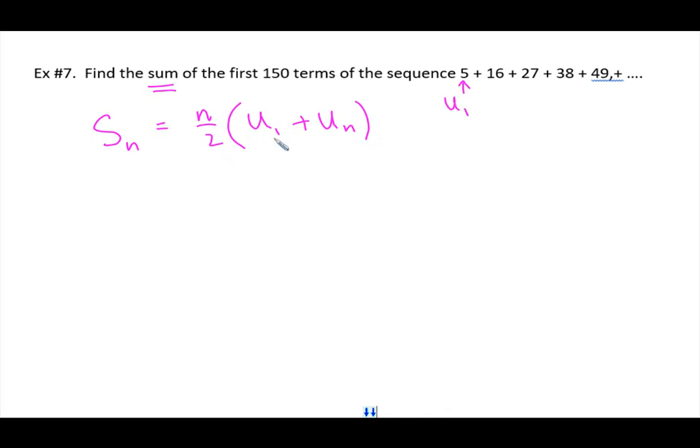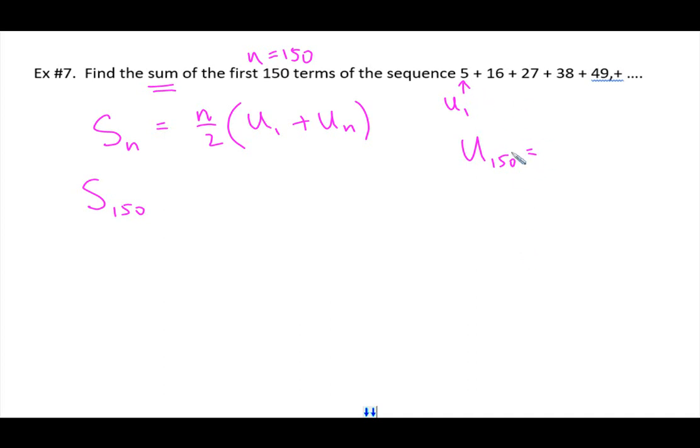We know n is going to be 150 because we're finding the sum of the first 150 terms. What we don't know is the last term. So we need to find u sub 150. Now the last term is going to be the 150th term, because we're finding the sum of the first 150 numbers. So we need to find this right here. To find this, we're going to use the general term formula.